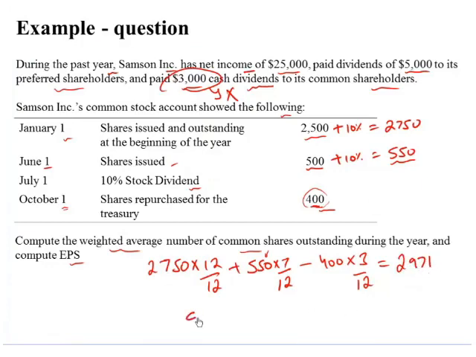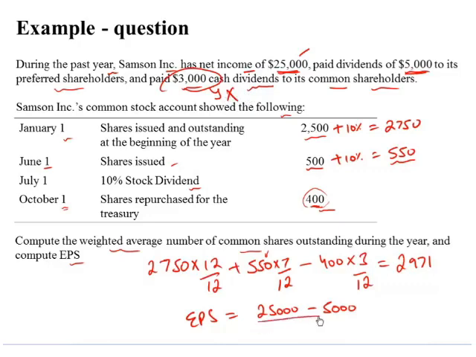Now the EPS, as we studied, can be calculated as the net income, which is $25,000 in this case, minus the preferred dividend, which is $5,000. Please note that all income after paying the preferred shareholders' dues belongs to the common shareholders. So do not subtract the cash dividends. Whether you choose to pay this money out as dividends or you don't choose to pay the money out, it will still belong to the common shareholders.